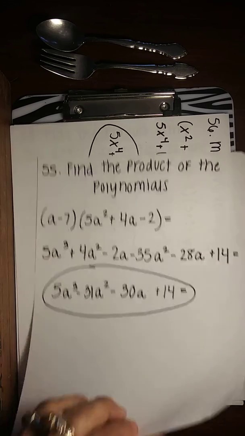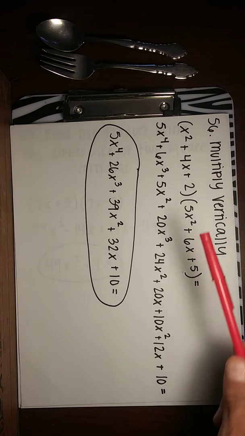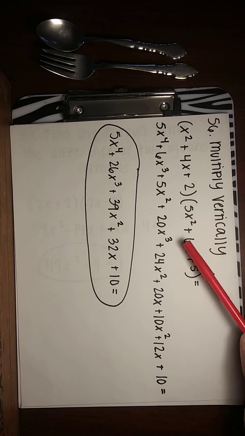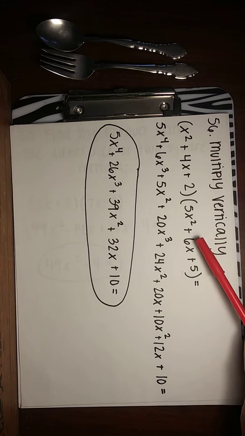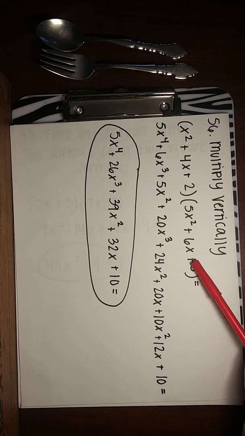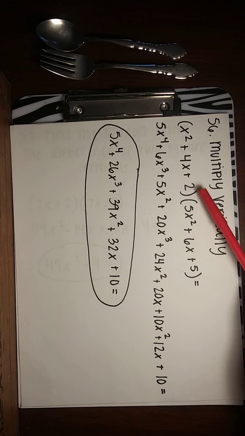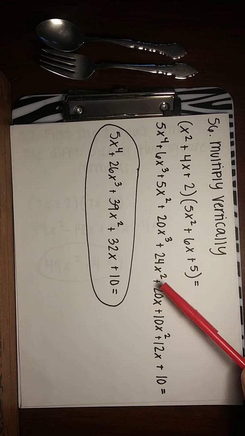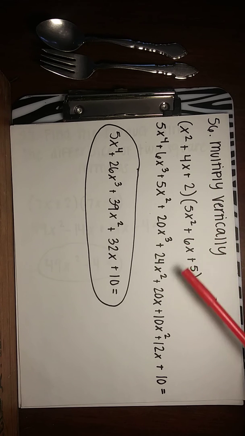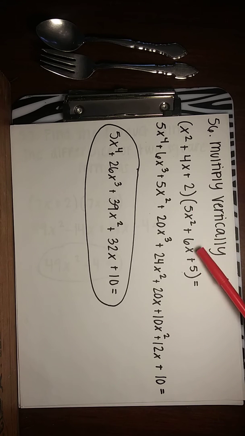The next one's kind of long. So the first times the first is that one. First times the second one is that one. First times the third one is that one. Next one, 4 times that one, 4 times that one, 4 times that one gives you the next 3. And the last one, 2 times this one is 10, 2 times this one is 12, and 2 times this one is 10.